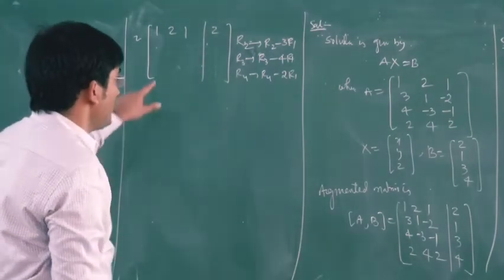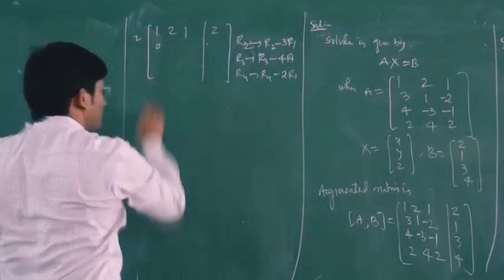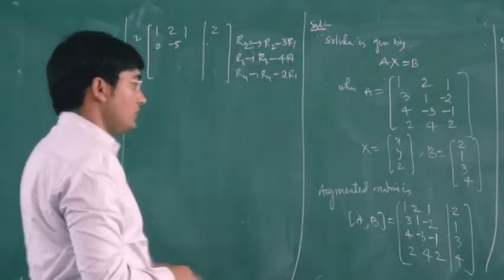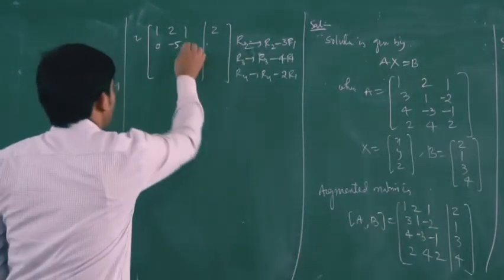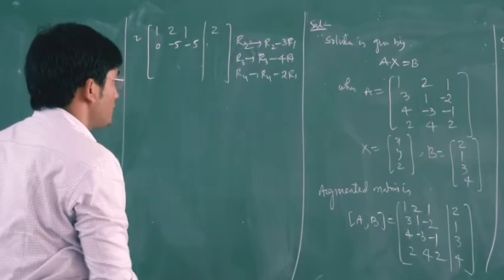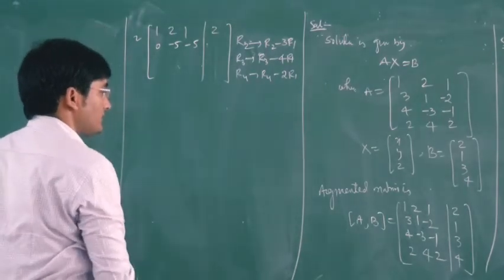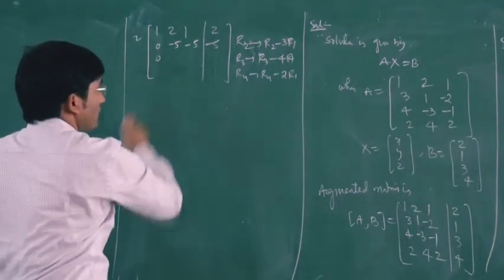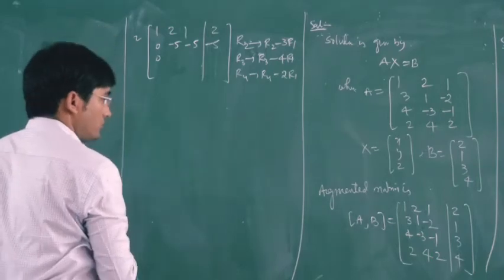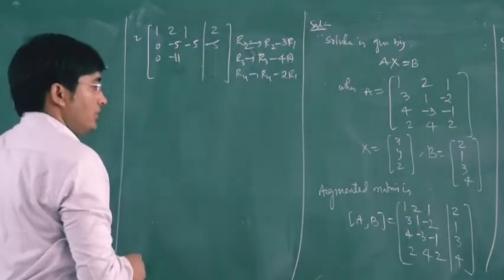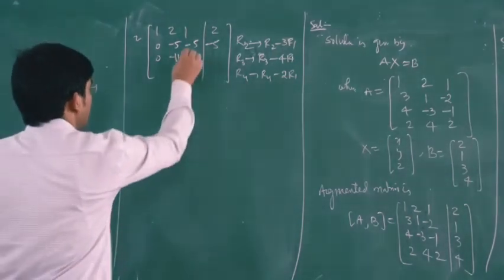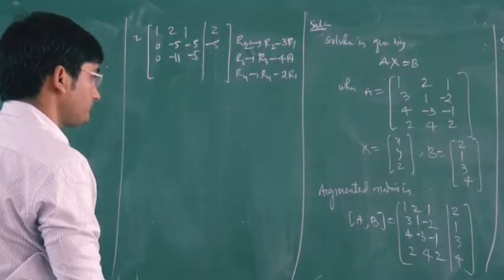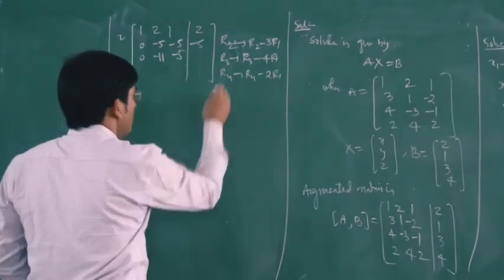Then R2 - 3R1 will be 0; 1 - 6 is -5; then -2 - 1 is -5; then 1 - 6 is again -5. The third row: 4 - 4 is 0; -3 - 8 is -11; then -1 - 4 is again -5; and on the right hand side 3 - 8 is -5.